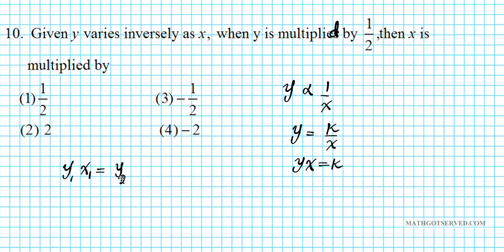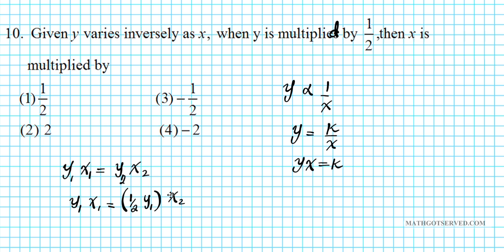So y1 x1 is equal to y2 x2 because of that constant of proportionality. Now I multiplied y by 1/2 to get my y2, so I'm going to have y1 x1 equals 1/2 times y1, x2. That's how I got y2.